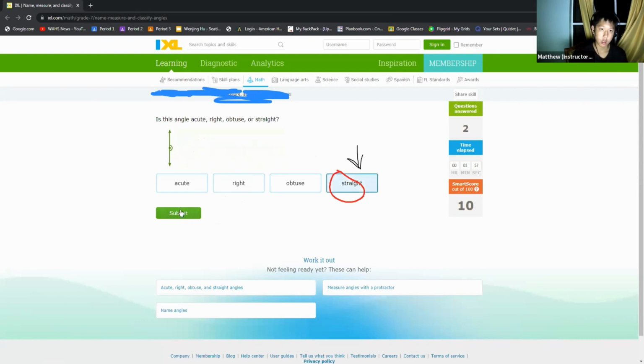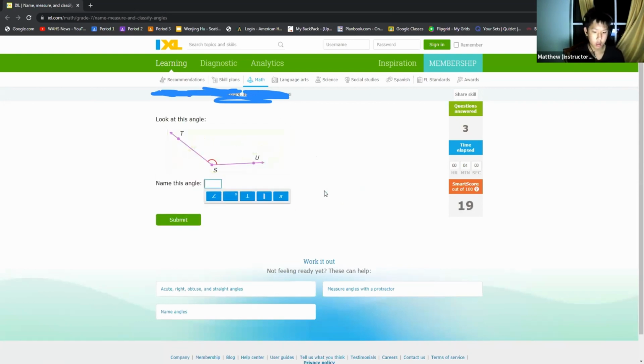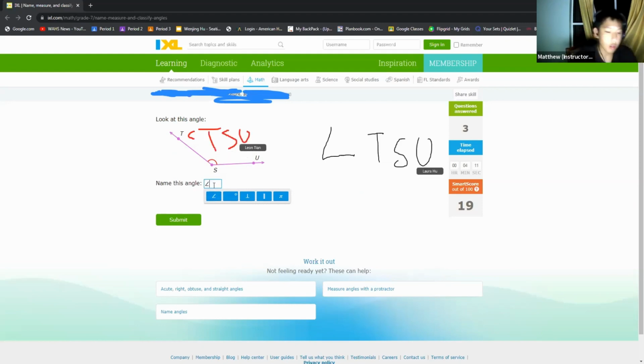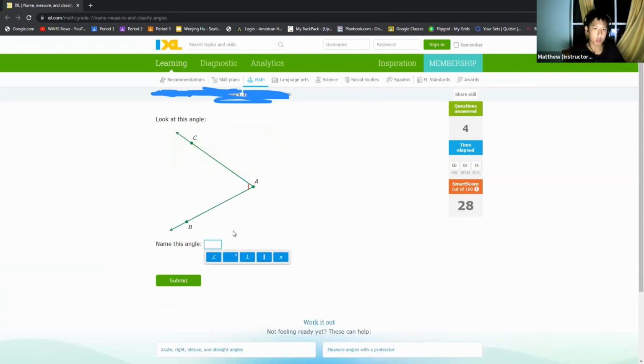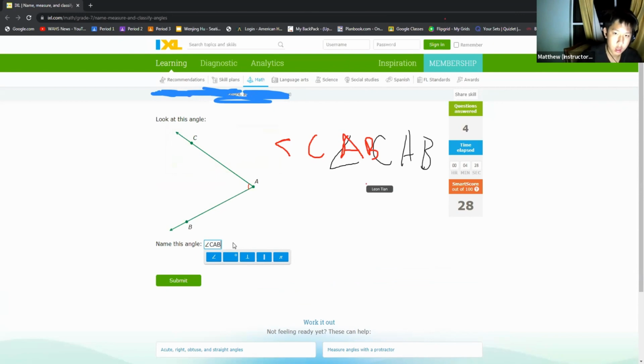This is indeed a straight angle. Angle T. That's correct. So, like this one. Yes, it is angle CAT.